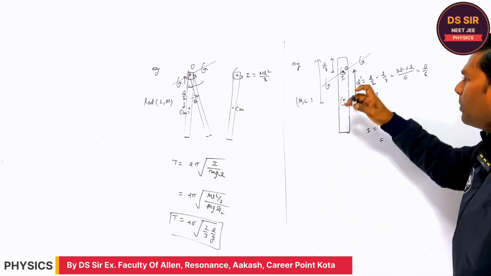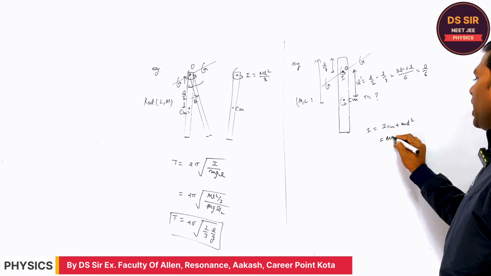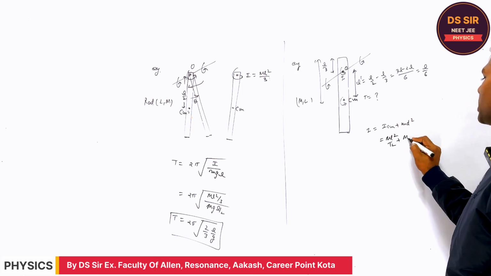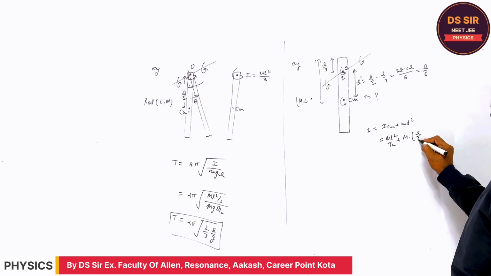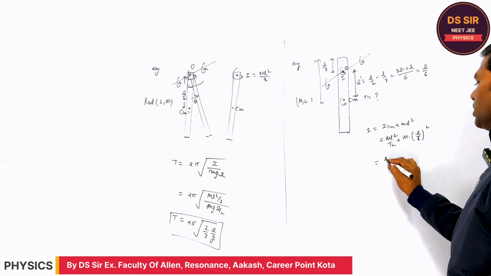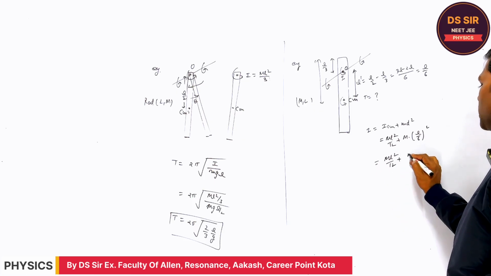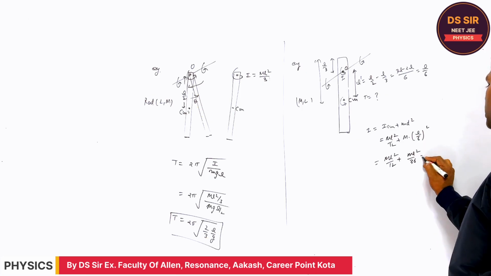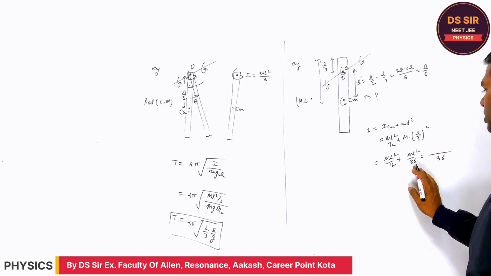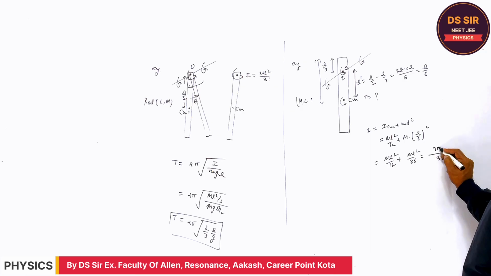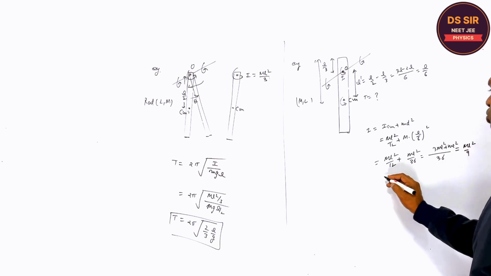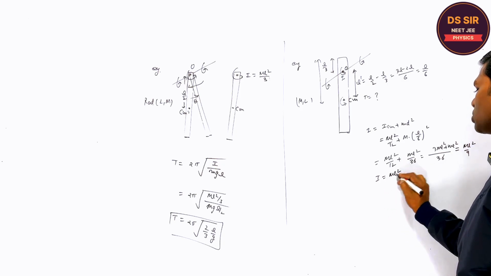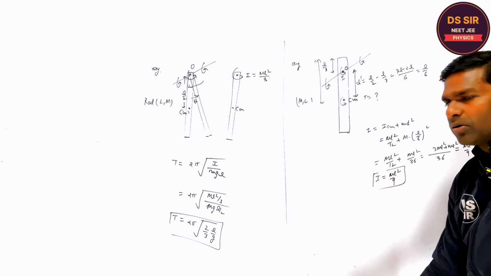The moment of inertia about the center of mass is ML square by 12 plus M into this distance, which is L by 6 whole square, so plus ML square by 36. So 3 ML square plus ML square is 4 ML square upon 36, so the moment of inertia is ML square upon 9. Is it clear or not?